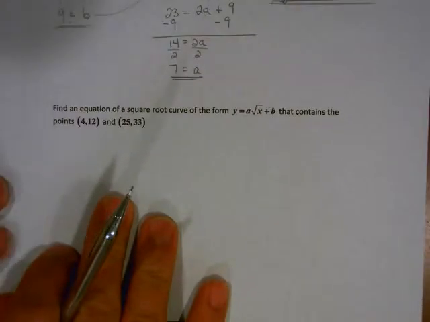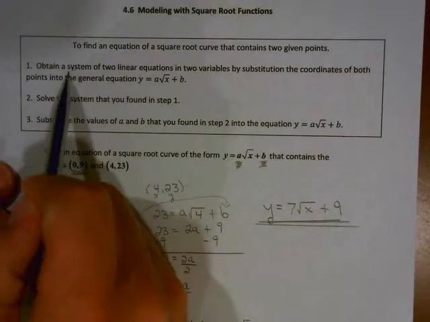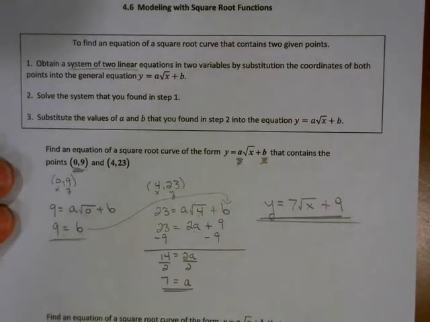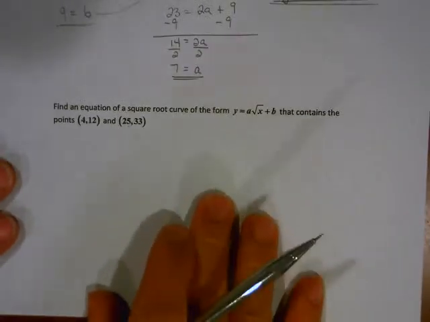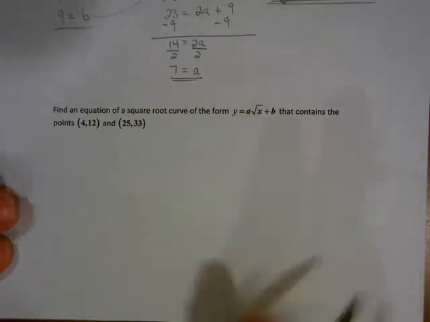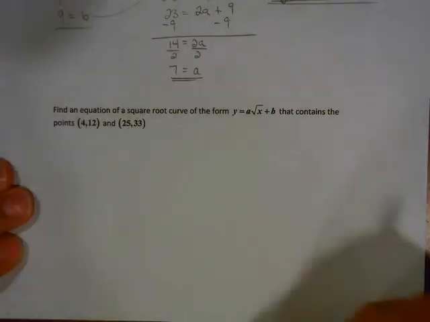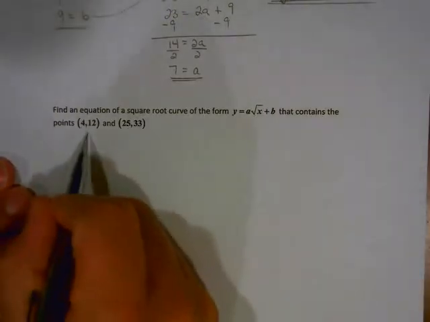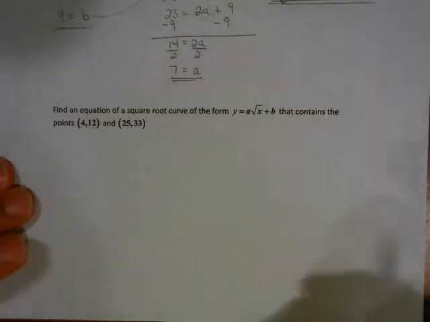But we're not always going to have the y-intercept, and so when we use these 2 points, it may be a system of 2 linear equations that we're going to have to solve if we don't have that y-intercept. So now I'm going to find the equation that contains the points (4, 12) and (25, 33).